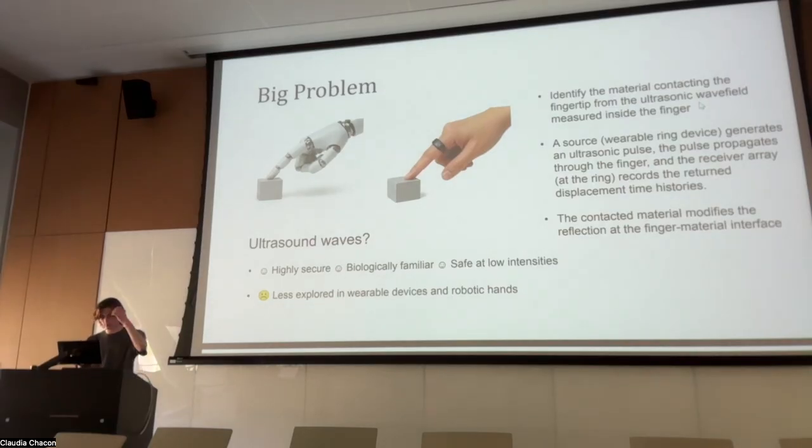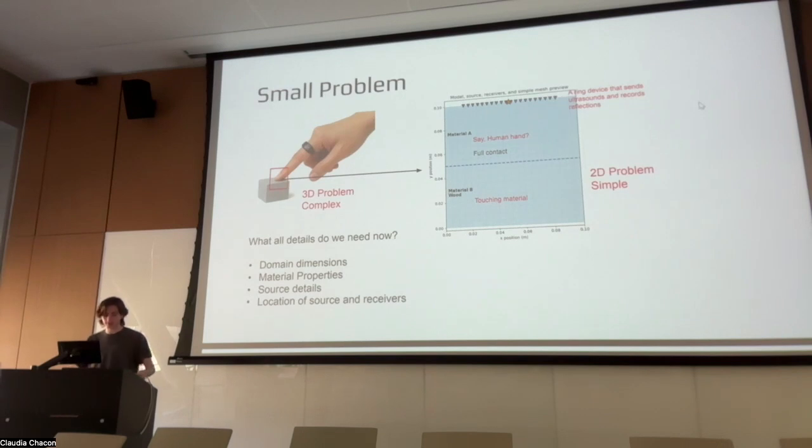So, this was a big problem, but we started by shrinking it down to a digestible size. We figured that we should first try the problem in a 2D sample.